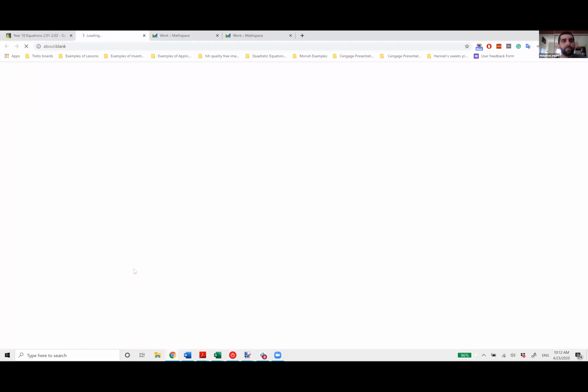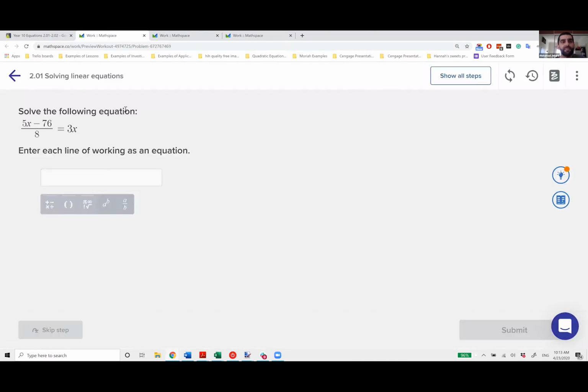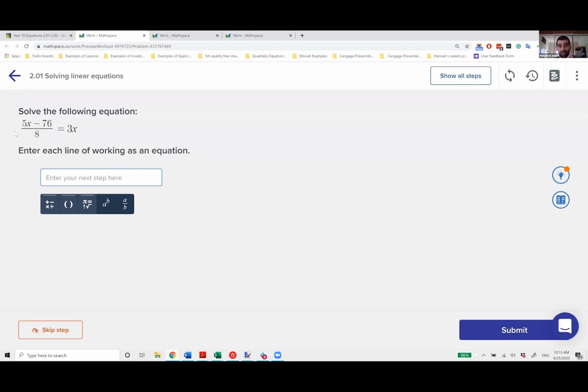Okay, let me get into Mathspace. Okay, so first step, we need to try and get the x's all together, right? But the very first thing when you're dealing with equations generally is to try and get rid of any fractions.